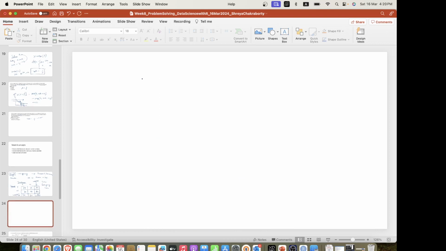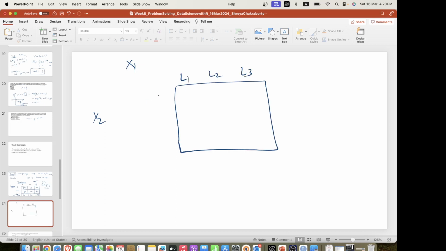So what I want to say is that if you have two variables x1 and x2 and they have certain levels, let's say L1, L2, L3, and here M1, M2, M3, this is also a discrete variable. Now if you want to see how they are acting together, then in order to visualize the joint distribution, we need contingency tables of this sort.